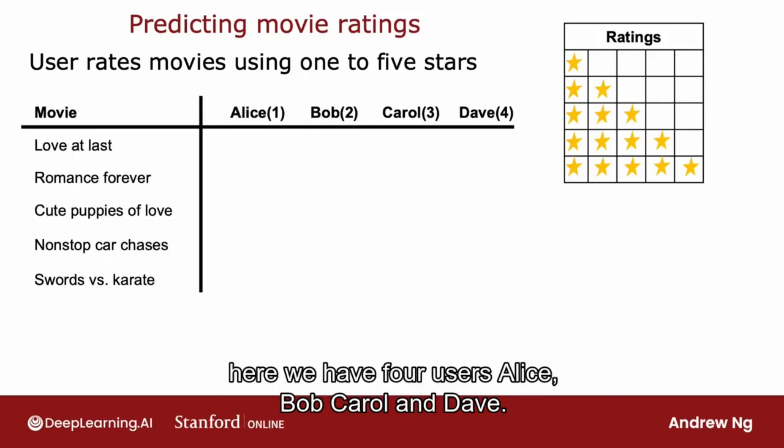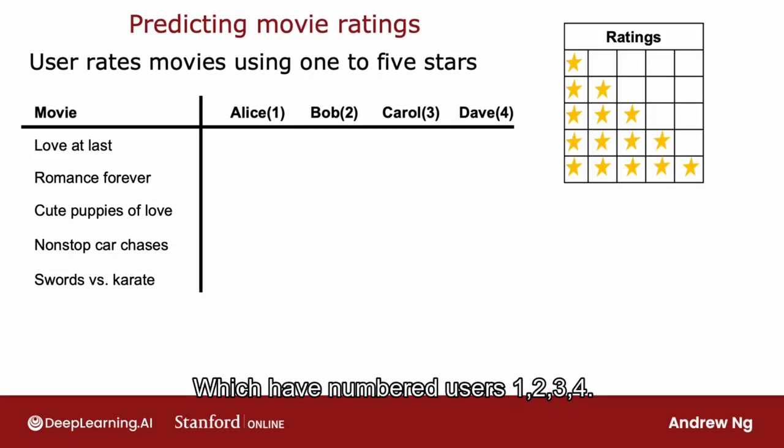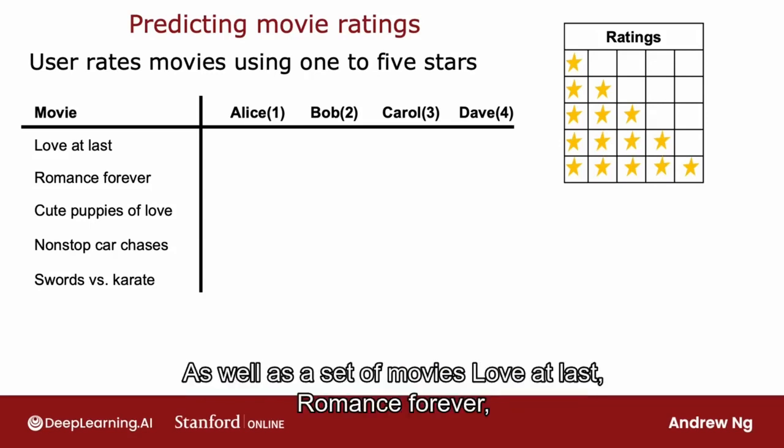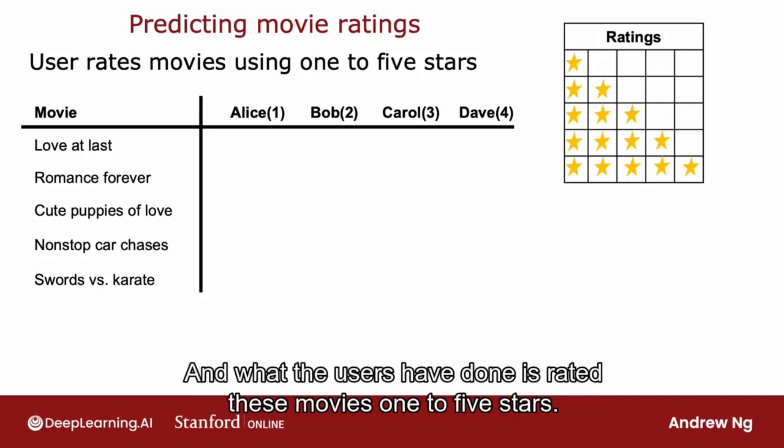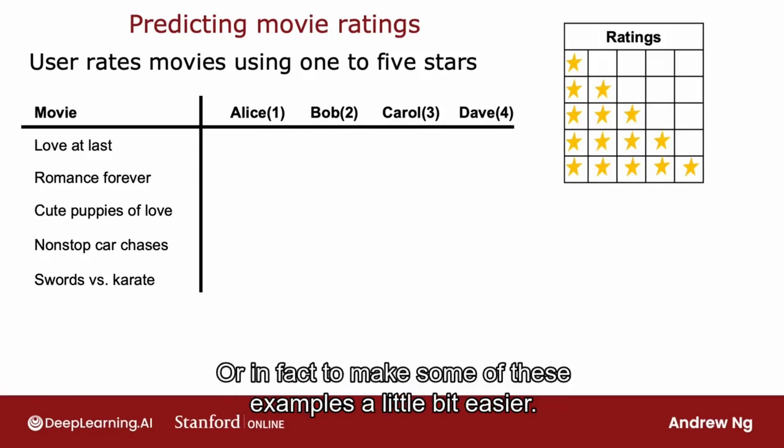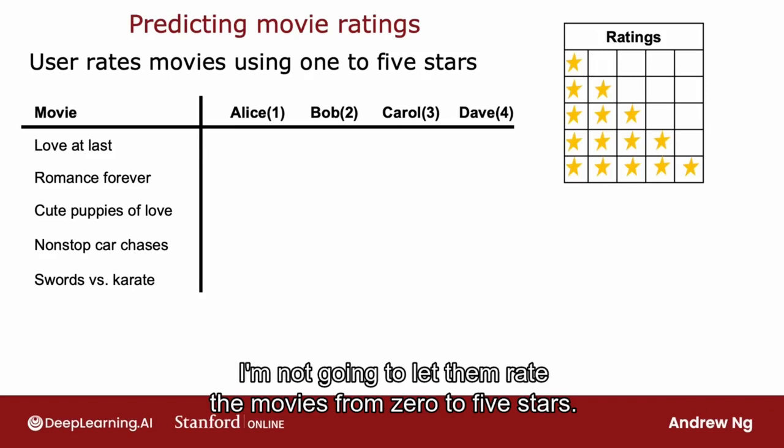We have 4 users, Alice, Bob, Carol, and Dave, which I've numbered users 1 through 4, as well as a set of movies, Love at Last, Romance Forever, Cute Puppies of Love, and then Non-Stop Car Chases and Swords vs. Karate. And what the users have done is rated these movies 1 to 5 stars. Or in fact, to make some of these examples a little bit easier, I'm actually going to let them rate the movies from 0 to 5 stars.